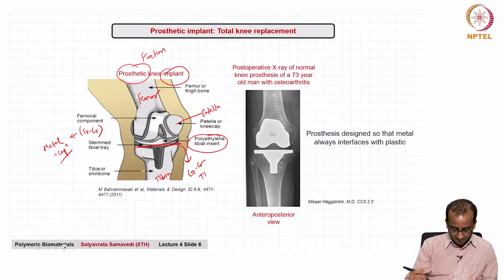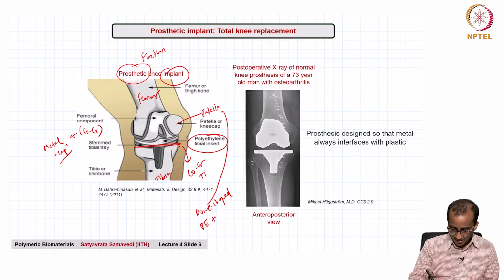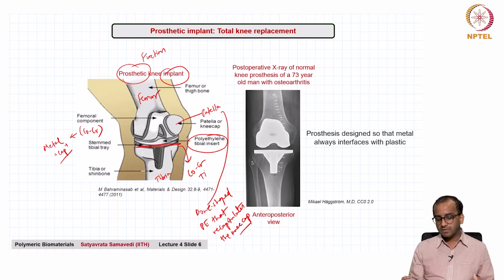The patella itself, which is the kneecap, is a dome-shaped polyethylene that recapitulates the kneecap. So, you notice that in one device we have a metal and a polymer that jointly serve the function of a missing or a damaged body part.